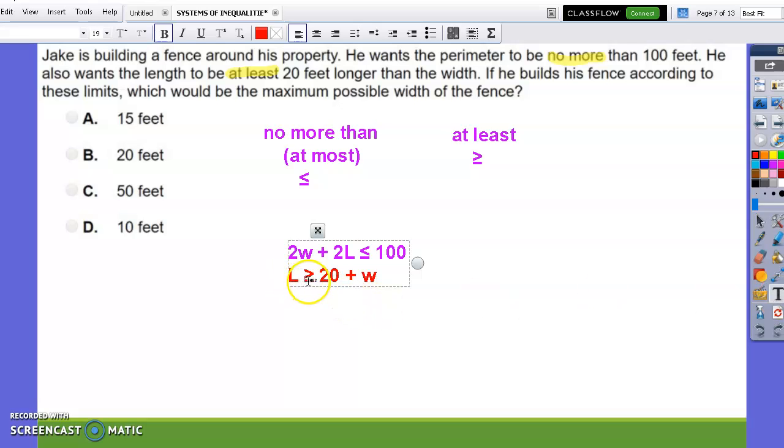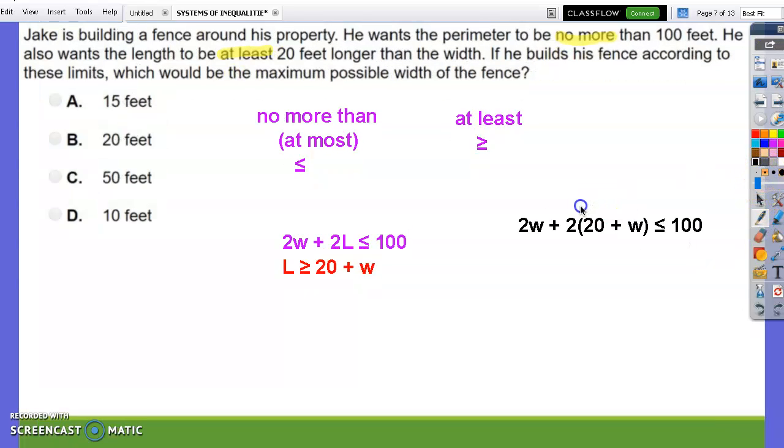We know that L is greater than or equal to 20 plus W. So all you're going to have to do is take this and substitute that in for L. So I'm going to write 2W plus 2 times L, and now we know L is 20 plus W, less than or equal to 100. So you're going to have to distribute the 2 through.